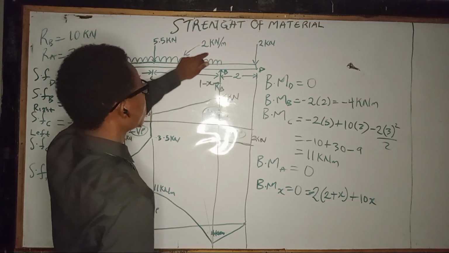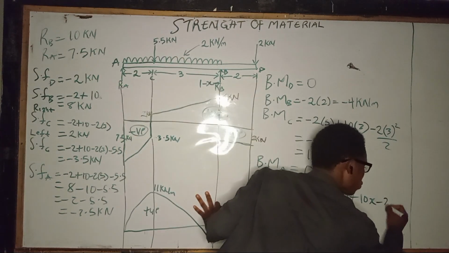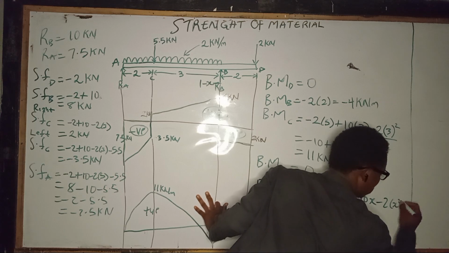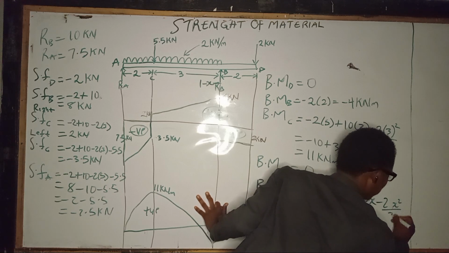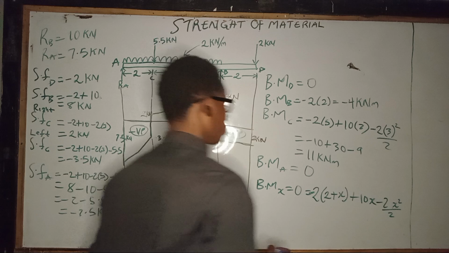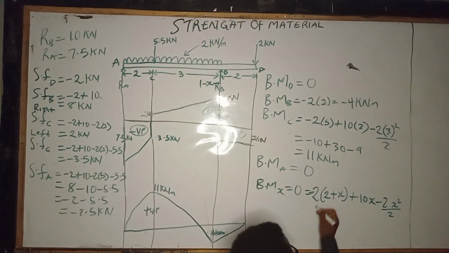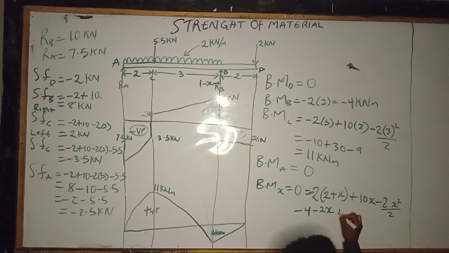We also have the U.D.L here, which is minus 2 times x squared all over 2. So if we continue, we will have minus 4 minus 2x plus 10x minus x squared. So we end up having minus 4 plus 8x minus x squared, which is equal to 0.